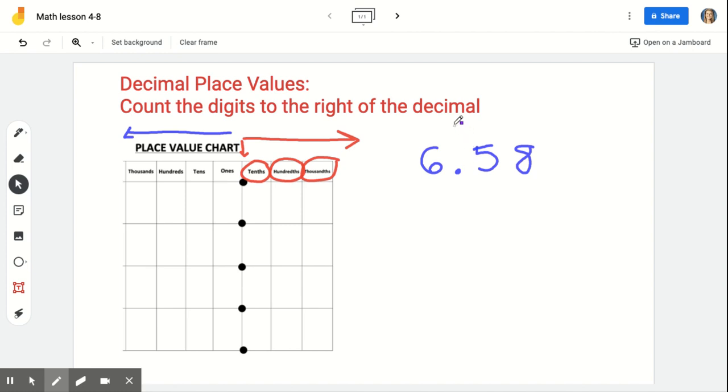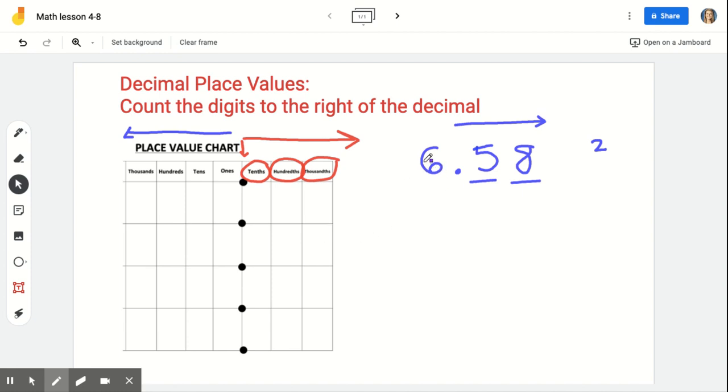And we're going to count anything again to the right, and we're going to underline as we do it. We're going to count how many digits there are to the right of the decimal. So starting with the 5 and then the 8. How many digits did we just underline? 1, 2. In this number, 6 and 58 hundredths, there are 2 decimal place values.